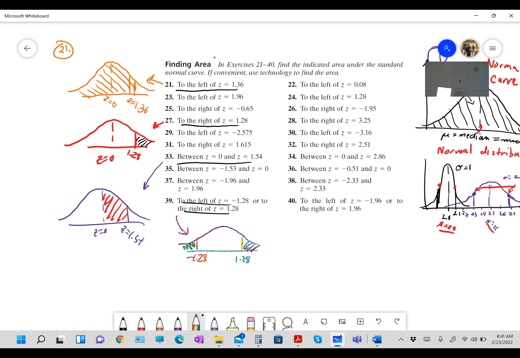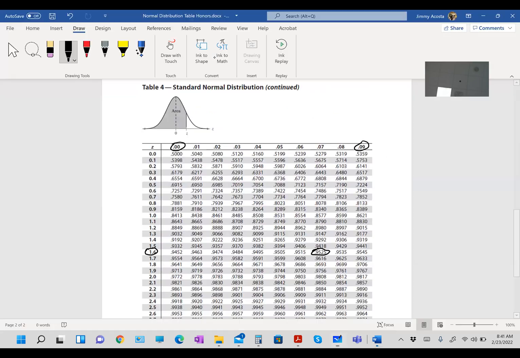Now, in the case of number 21, the first one, all we have to do is read it off the table. So you go to your table, and in this case you would go to 1.36. On the video, 1.36 comes out to be 0.9131.